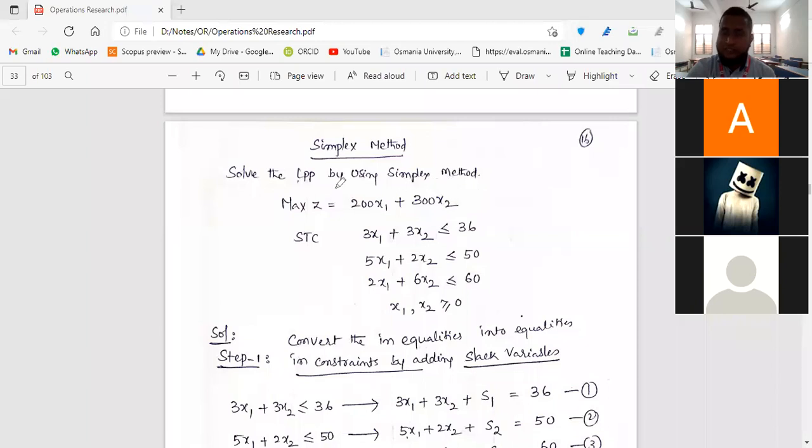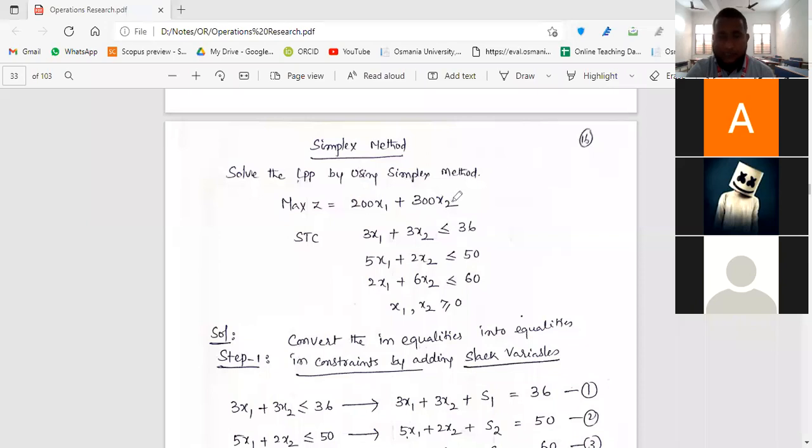But to reach this target, to solve this objective function, you have some limitations. These limitations are known as constraints. Constraint number 1 is 3x1 plus 3x2 less than or equal to 36. 5x1 plus 2x2 less than or equal to 50. 2x1 plus 6x2 less than or equal to 60. These 3 are limitations.